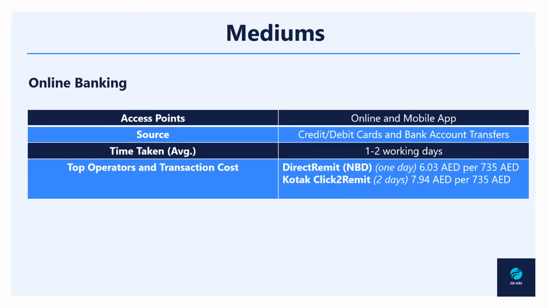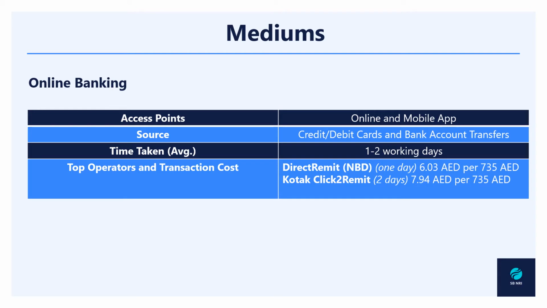The first medium that you can use to transfer money to India from UAE is online banking. You can access it online as well as on your mobile app, and the sources through which you can do the transactions are your credit and debit cards, and direct bank account transfers as well. The average time taken for such transactions is around 1 to 2 working days, and the top operators under this segment are the direct remit from the National Bank of Dubai as well as Kotak's click to remit service.